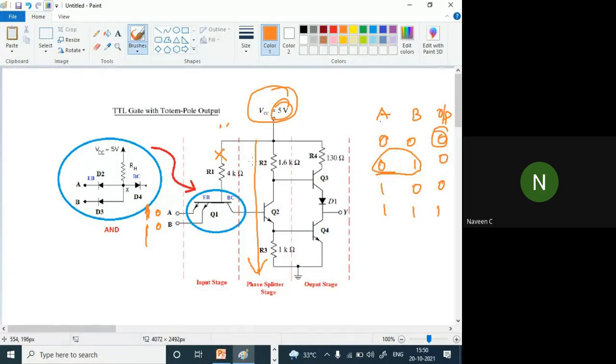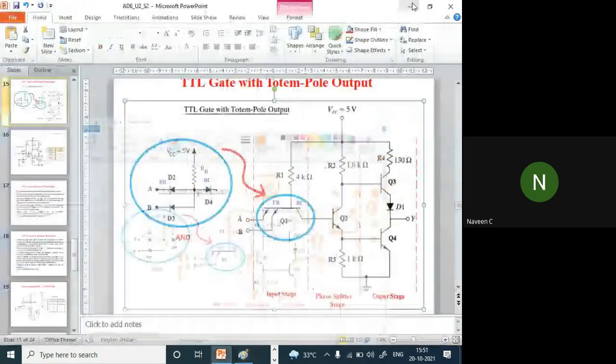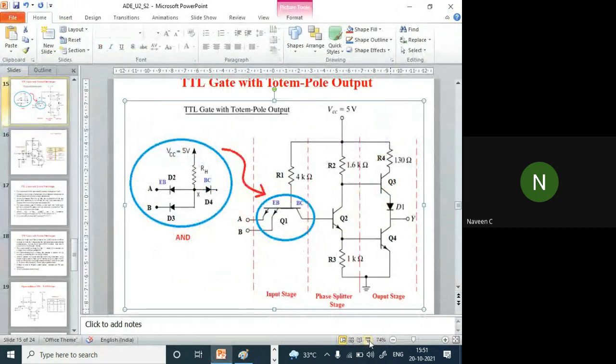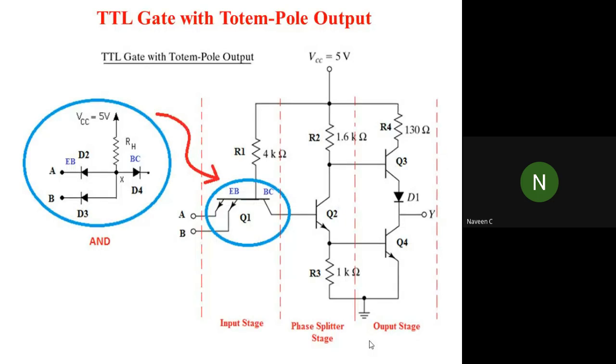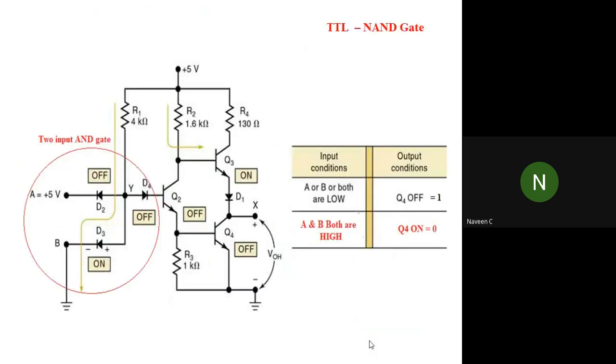When it conducts, it gives input to Q2, and from there you get the output, which appears across your output Y. That is the logic of this tandem pole output transistor.